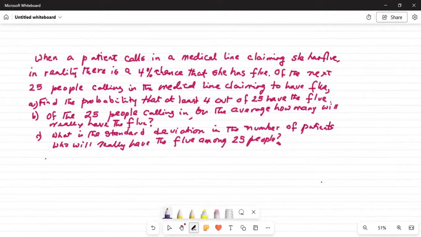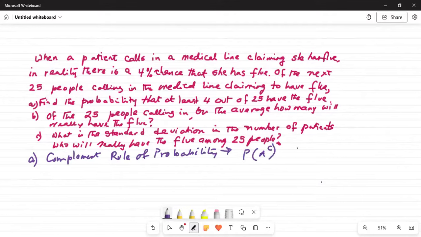The complement rule of probability is: the probability of the complement of A is 1 minus the probability of A. A^C is the complement of event A. Complement means opposite, that is, it does not contain A.